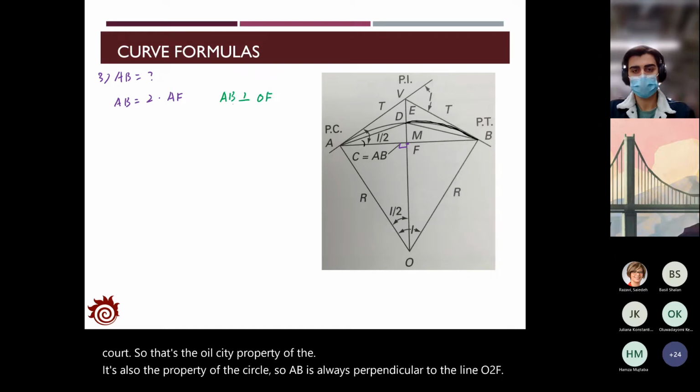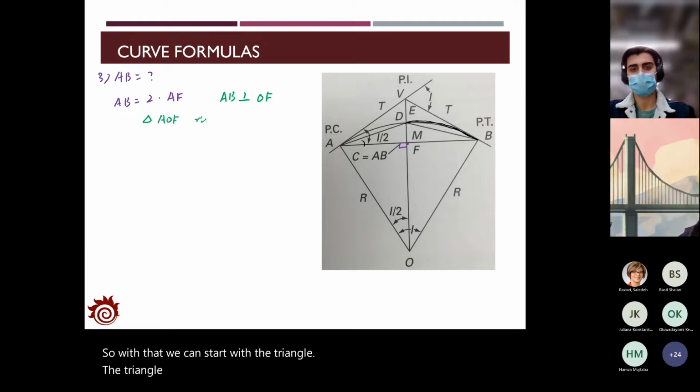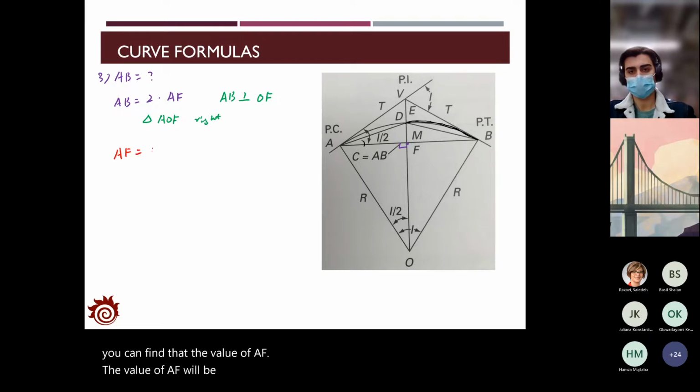So with that, we can start with the triangle AOF, which is also a right triangle. If we check A to F, you can find that the value of AF will be the length of O to A times sine of the angle AOF.